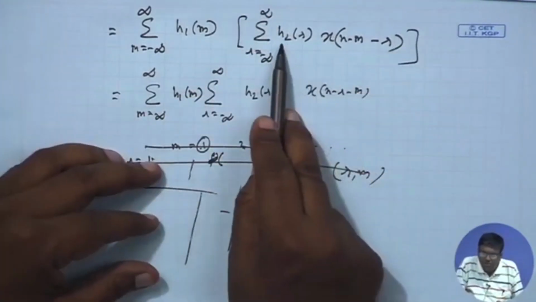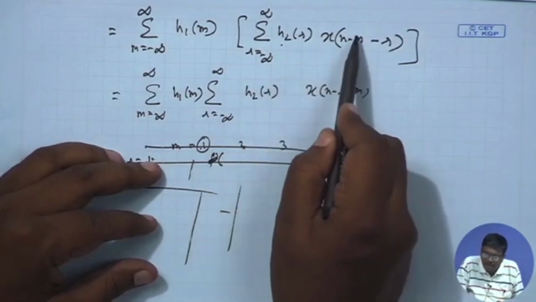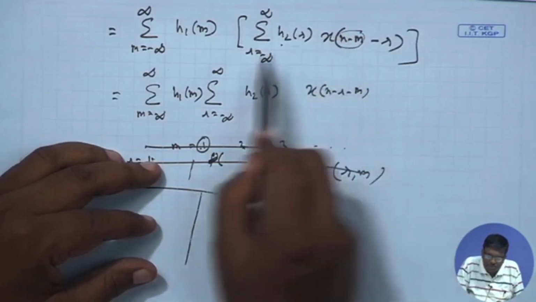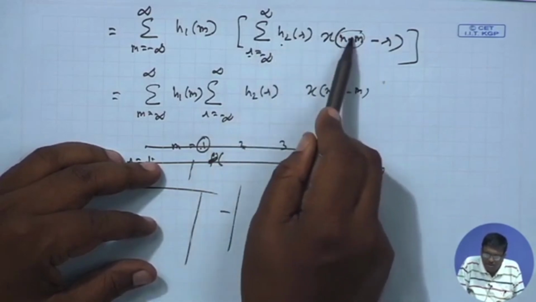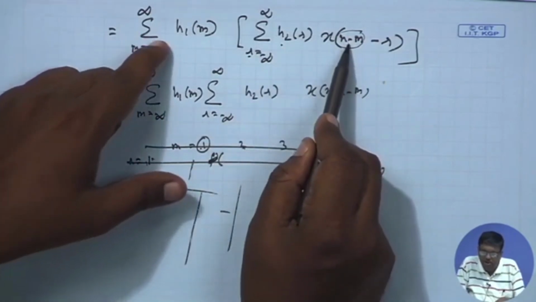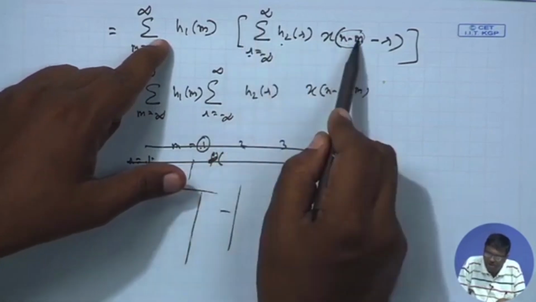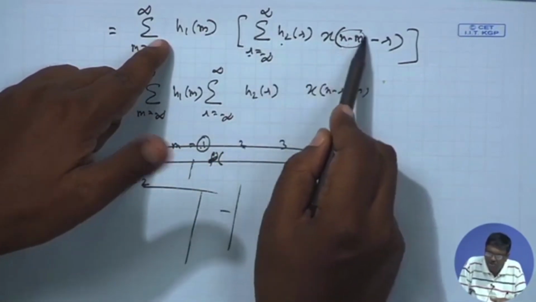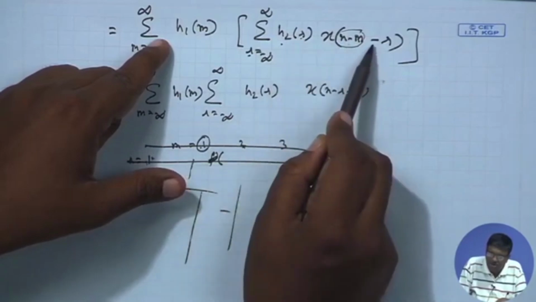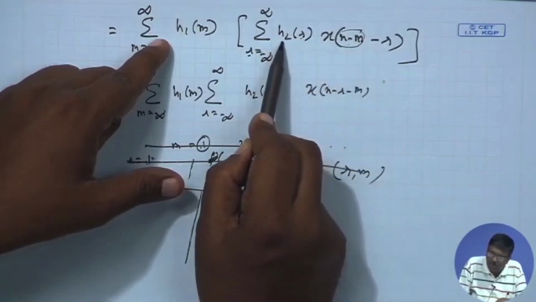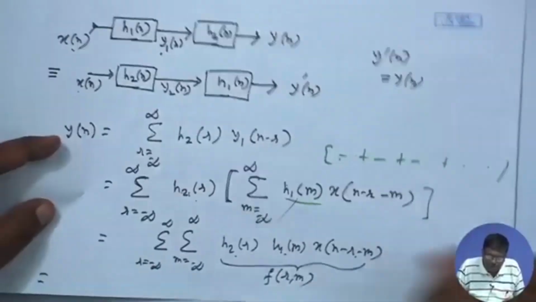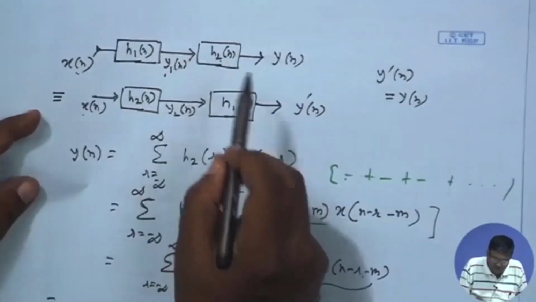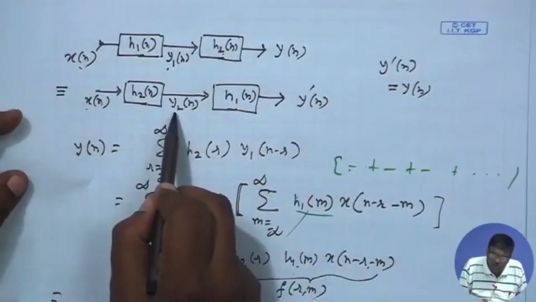But what is this? This is the convolution between h2 and x at n minus m. r is the local index, r here and minus r here. So n minus m is fixed from outside every time: inside the summation m is fixed and n is already fixed, so this is a fixed number and only r is varying. So it is the convolution between h2 and x. What was the convolution between h2 and x? y2.